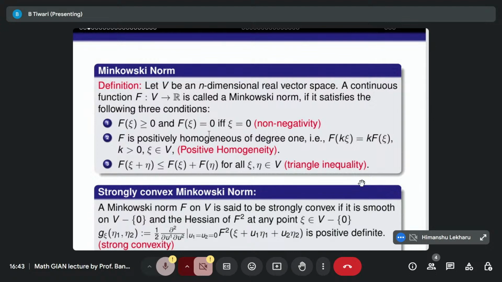In fact, if you consider a function f from V to R which is smooth on the non-zero part of the vector space, satisfying the positive homogeneity condition and this strong convexity condition, it actually implies the first condition and the third condition. So you can think of a strongly convex Minkowski norm as a function f from V to R satisfying positive homogeneity and the strong convexity condition.